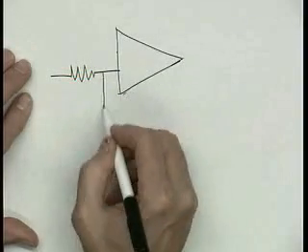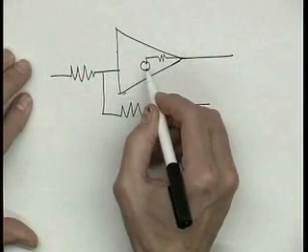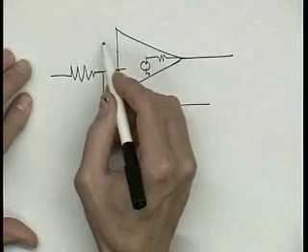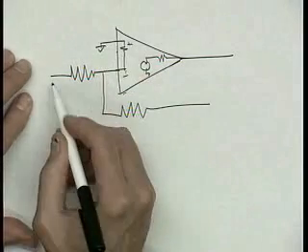So here's our basic amplifier. Here's V out. This has a minus input.